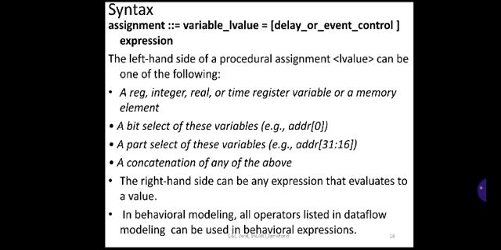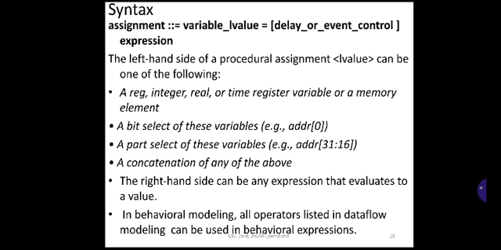Then, in brackets, there is a delay or event control. Brackets mean it is optional; it may or may not be present. If you want to use a delay, you can place it by writing a hash sign, which acts as a delay. After that delay, the expression, present at the right hand side, is assigned to the left hand side.